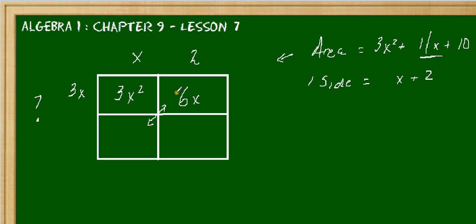You're forcing yourself to say, well, in this part of this area, we have 3x squared and we have 6x. Now, for this to be 6x, then this has to be 5x. And how do I know that? Well, because I have to add these two and they have to equal 11x.